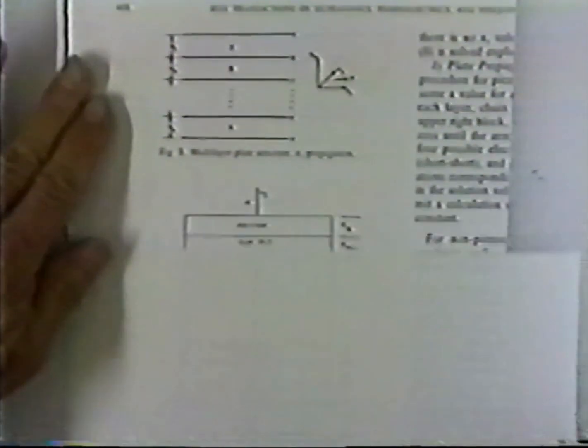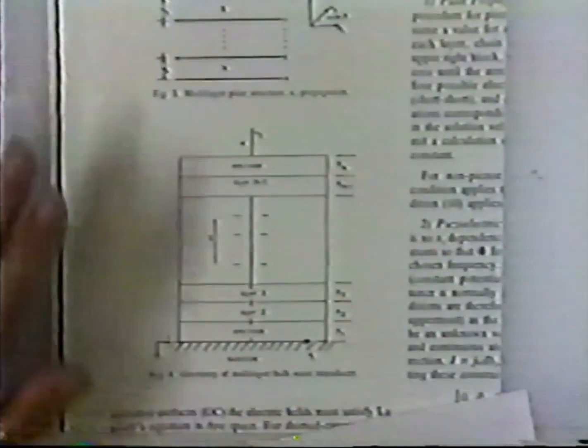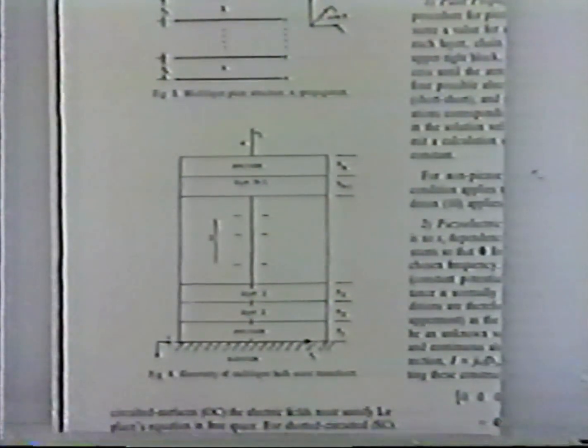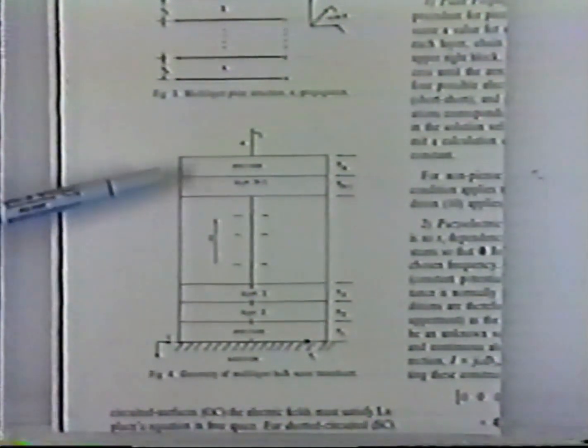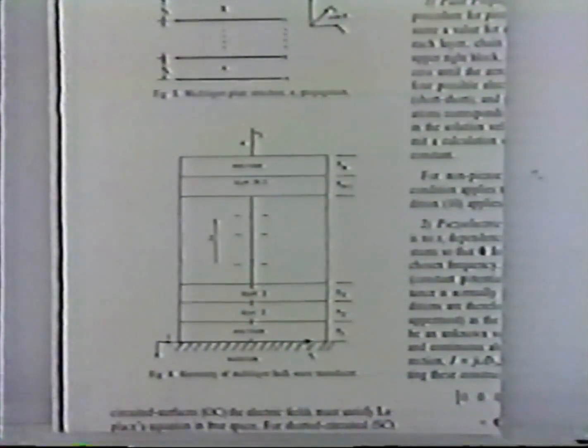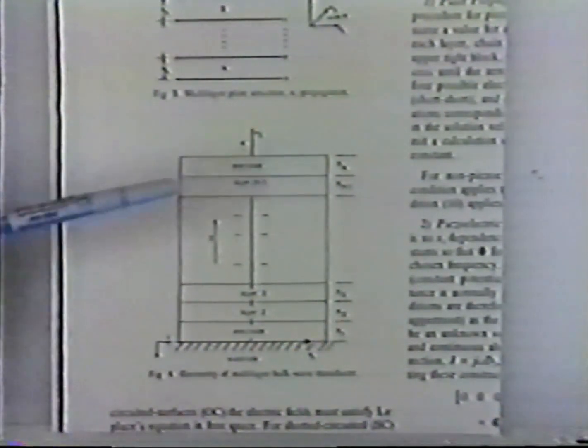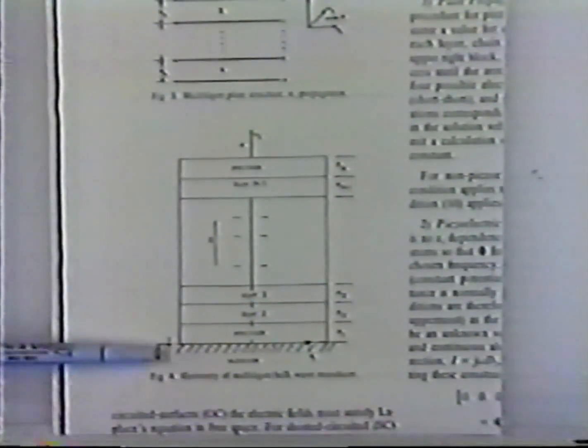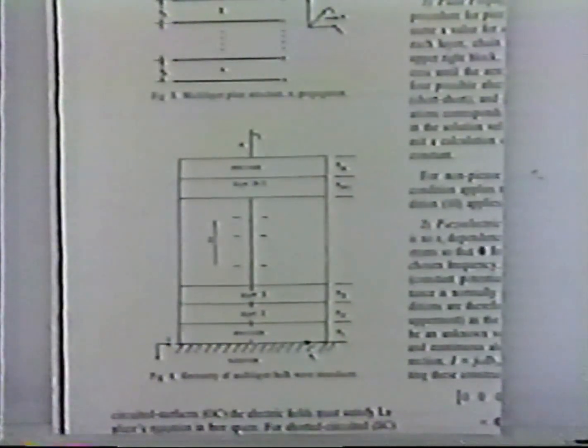Another type of problem is shown in the lower figure, in which we have a whole bunch of layers and then a substrate, and we have the top electroded, the bottom electroded, and we drive this with a sinusoidal signal. What we have now is a multi-layer bulk wave transducer. That's another geometry that lends itself to the methods that I described.